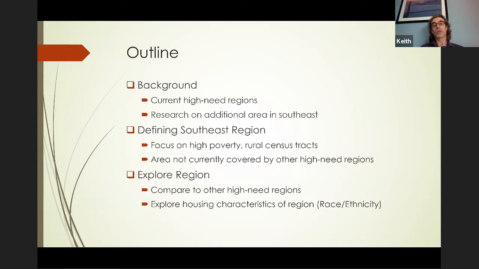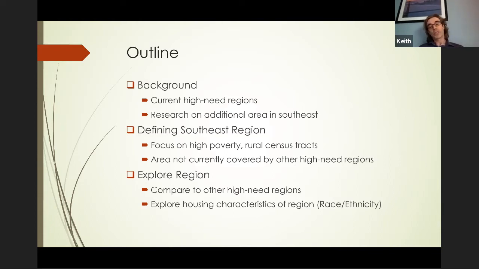We think part of that may be missing as high need areas. As background, I'm going to talk a little bit about high need areas or regions as they're currently defined, and note some of the research on the rural Southeast and the high poverty area known as the Black Belt region. Then I'll talk about how we are going to define it.